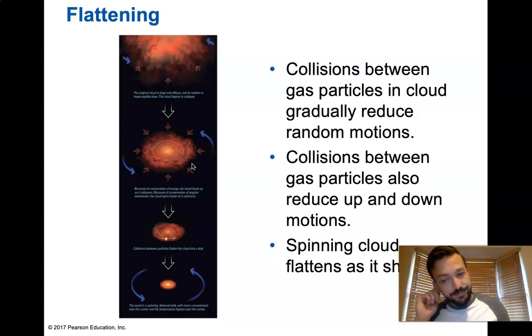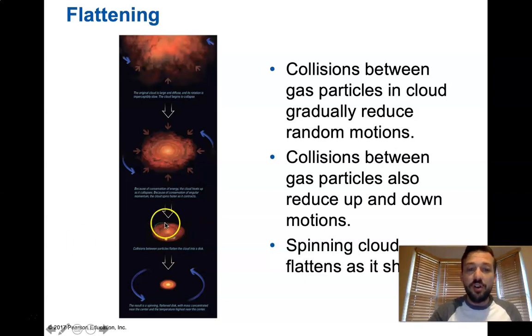So the collisions flatten the disk and make it move in a counterclockwise direction. That's why everything in our solar system moves counterclockwise: all the gas that made it up moved in a counterclockwise direction.